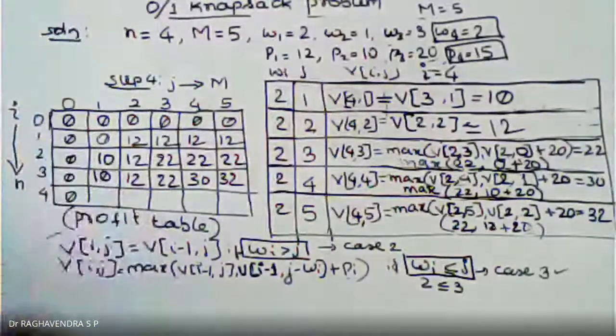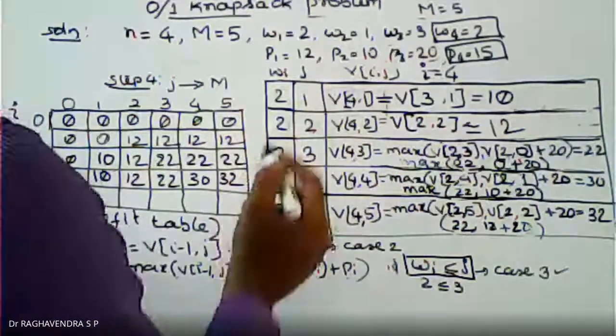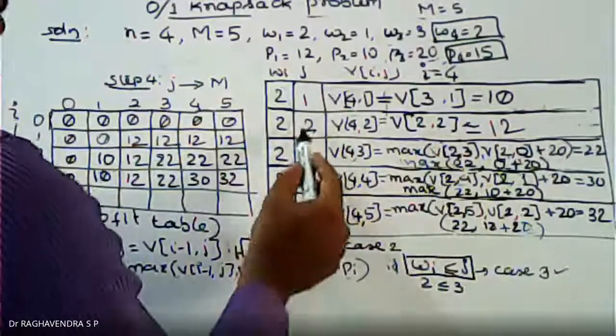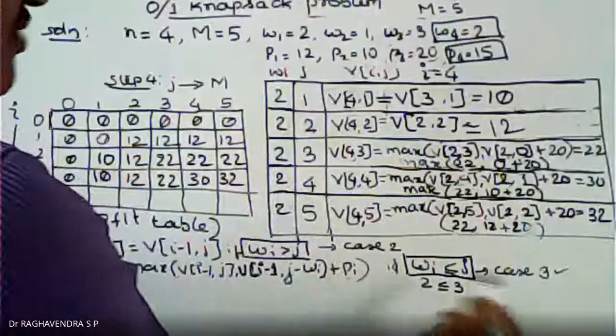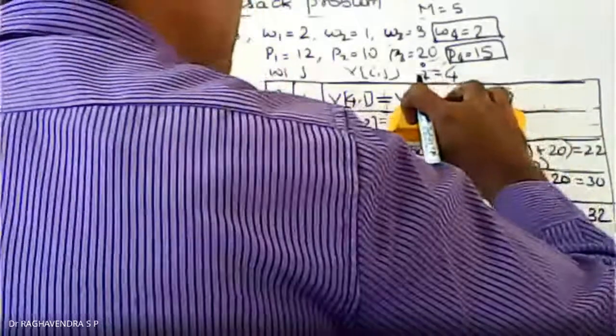Fine. Next, we have to find 4 comma 2. The weight is 2 and the remaining capacity J is 2. Which case does it fit, case 2 or case 3? Case 3, because 2 is equal to 2.